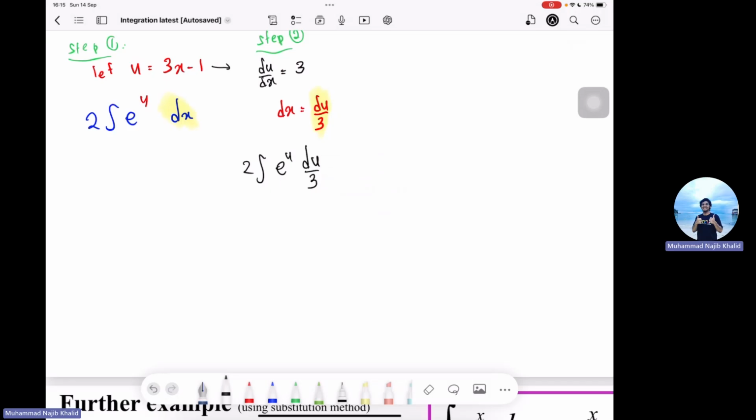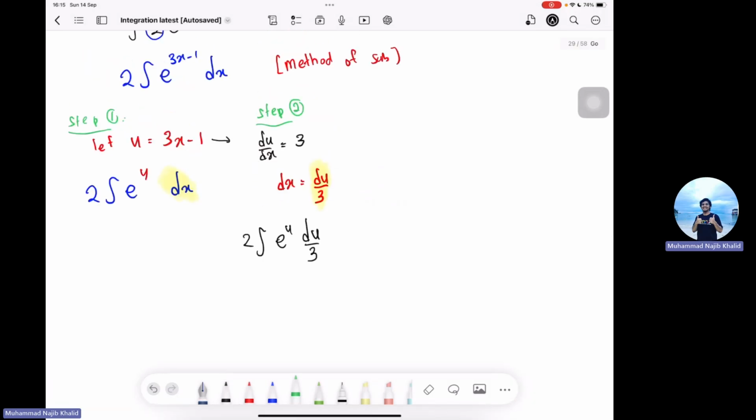Continue with step number 3. We will integrate this function according to its own family, the type of function it is.